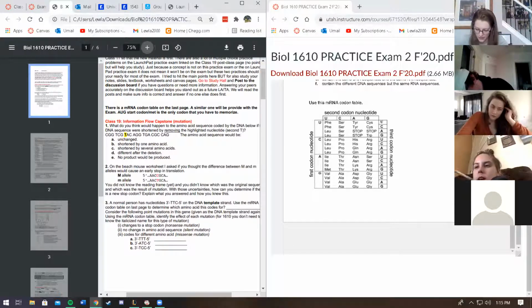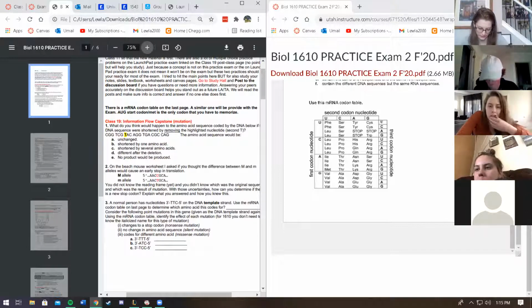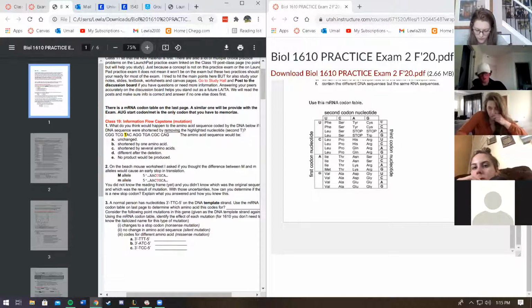Yeah. Okay, and then I don't know the names of what it codes to, but for the first three letters, I don't know if I'm right, but I got a different answer. How did you do it? So the template strand is 3' TTC 5', so it would be just anti-parallel. So did you put CTT for the blank?